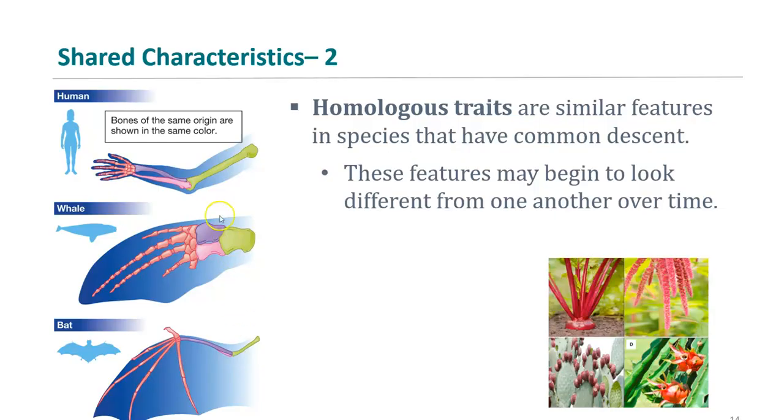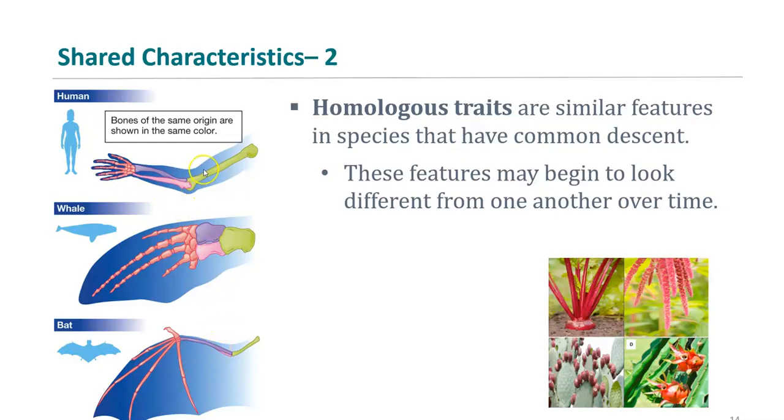We see the structures being very similar, right? They've color-coded the bones so that you can see how they relate between the human, the whale, and the bat. You see the phalanges, you see the humerus and the radius and the ulna, and here they're kind of long in humans. They've become shorter and thicker in the whale, but they're still also present in the bat.